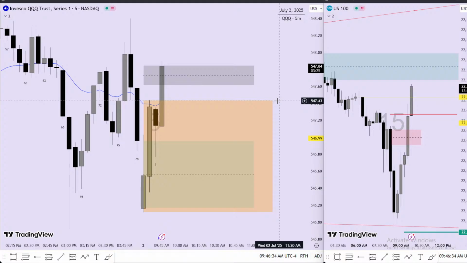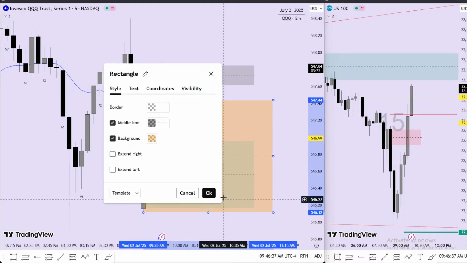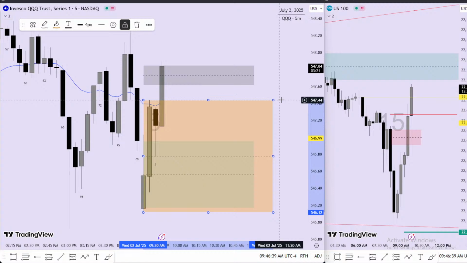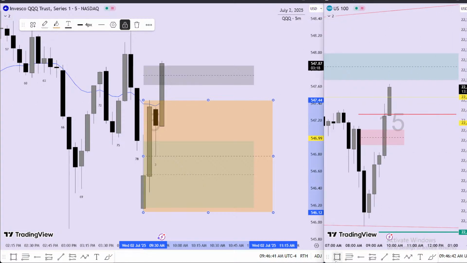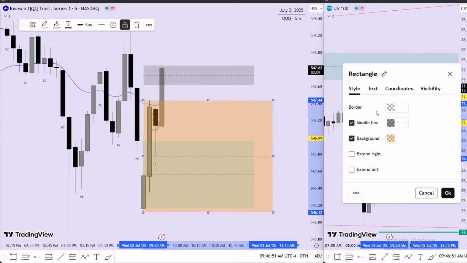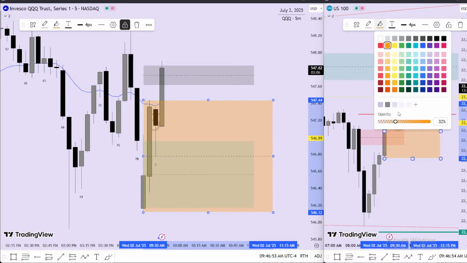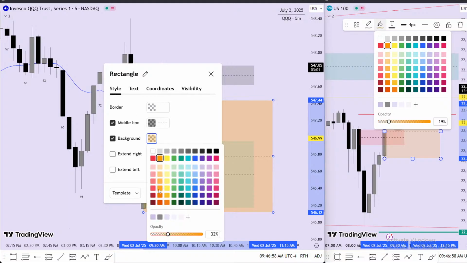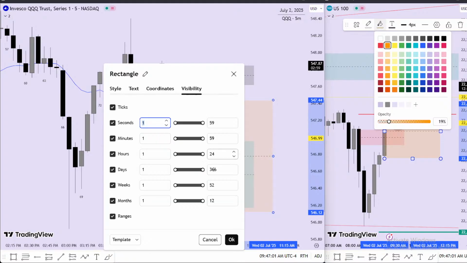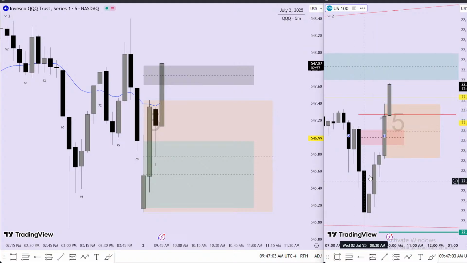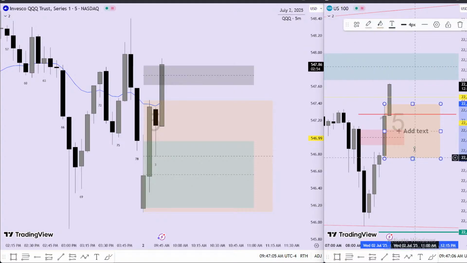So one times my risk is 30. This is the first 15 minutes. One times my risk is here.